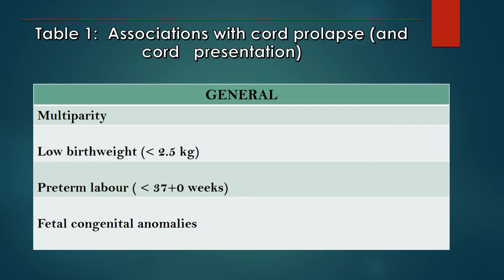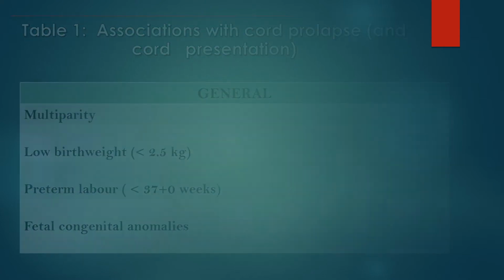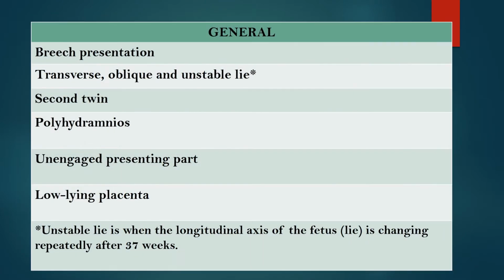General. Multiparity. Low birth weight of less than 2.5 kilograms. Preterm labor of less than 37 plus weeks. Fetal congenital anomalies. Breech presentation.